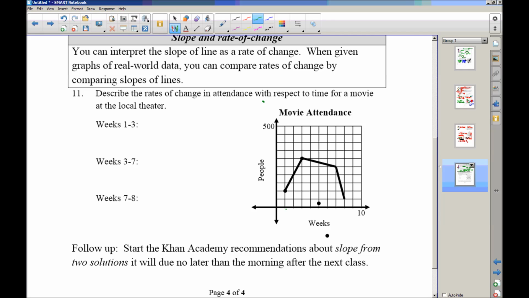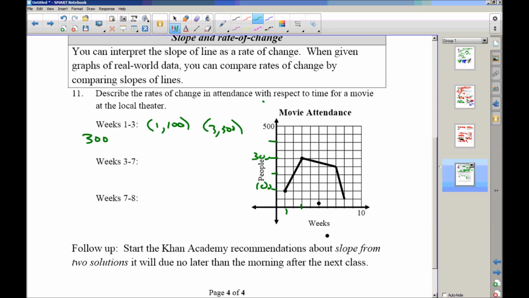So this is week 1, okay? And at week 1, we have, let's see, that's 100, 200, 300, 400, 500, 100 people. So from week 1, input 1 gave us 100 people. And at input 3, the third week, we got 300 people. So we could calculate our rate of change here.